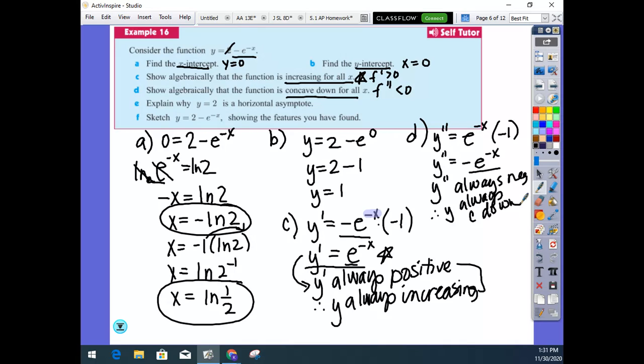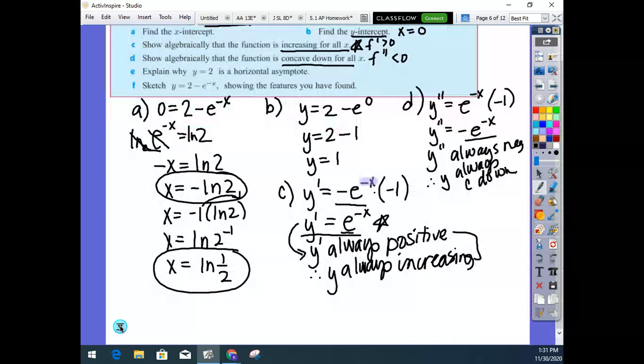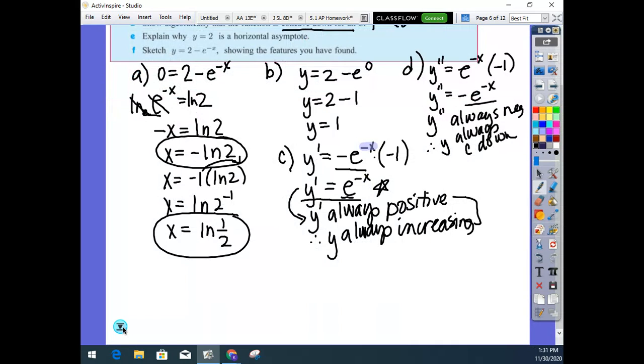Okay. Now, there's a lot of different things you could do for letter E. Let me kind of erase some of this here. When we look at this 2, this 2 is our horizontal asymptote. And this is where I wish I were in person.